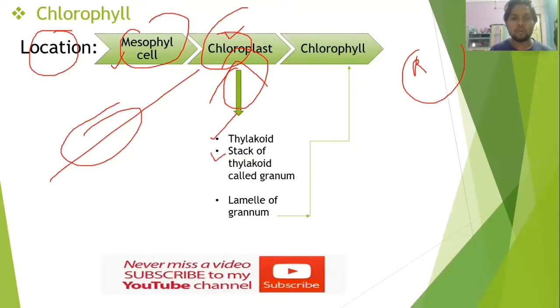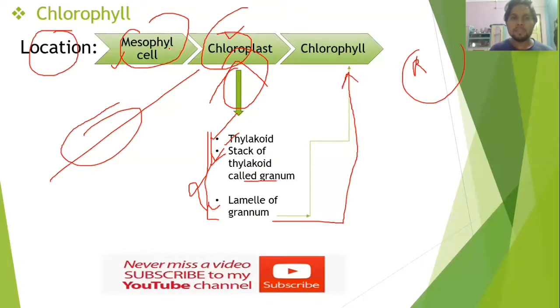If you cut the chloroplast, you will see these structures. Thylakoid, and a stack of thylakoid is called a granum, and lamellae of granum. We will see all these three things in the next slide. In the lamellae of granum, you can see the chlorophyll.